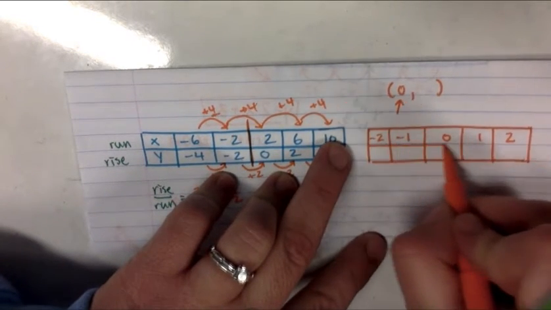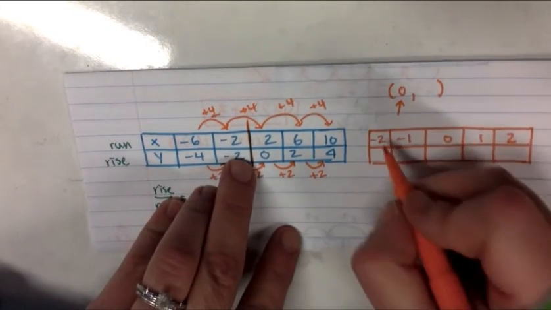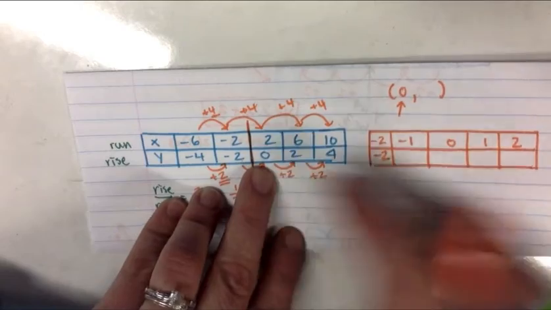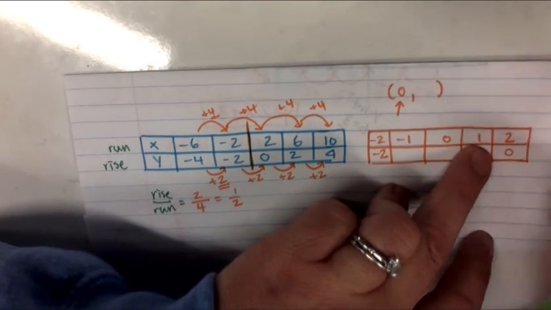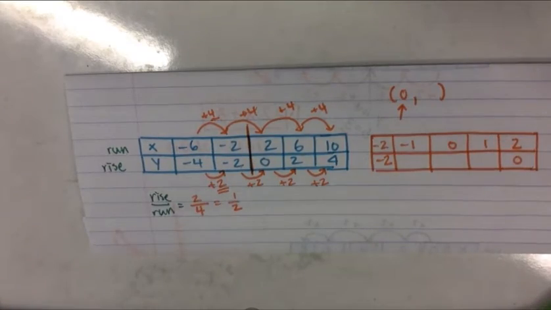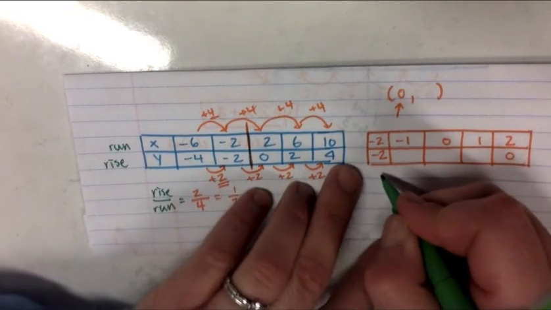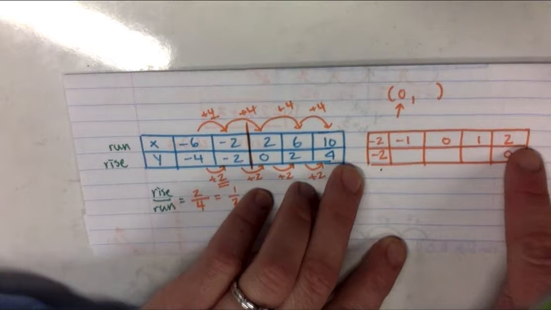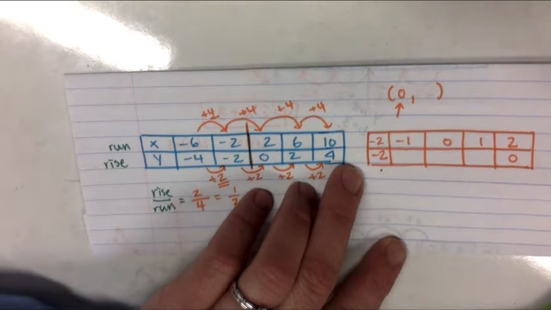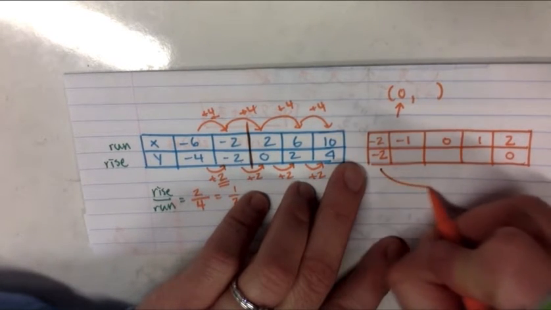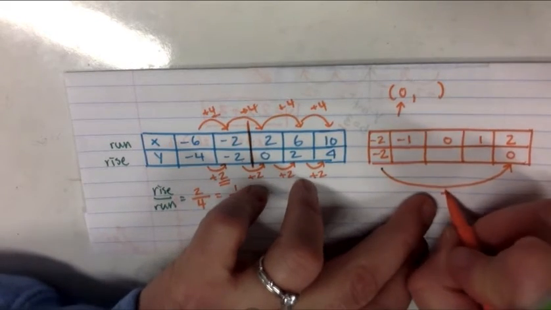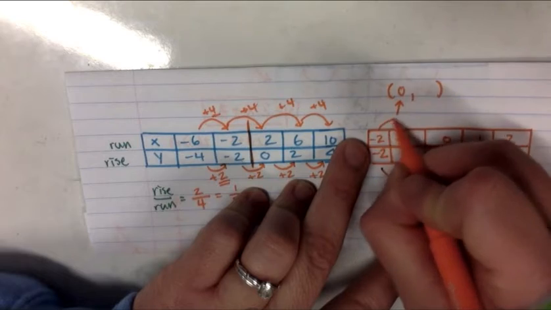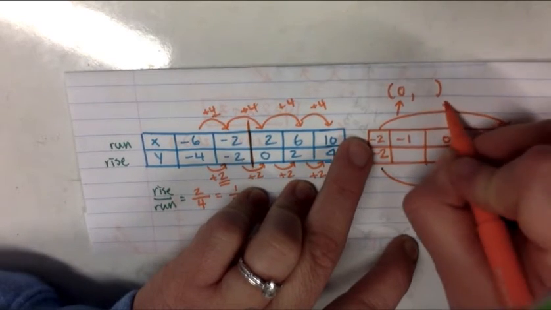I know that at -2, we're at -2, and at +2, we're at 0. So at -2 to 0, we've increased by 2 units. And from -2 to +2, we've increased by 4 units.